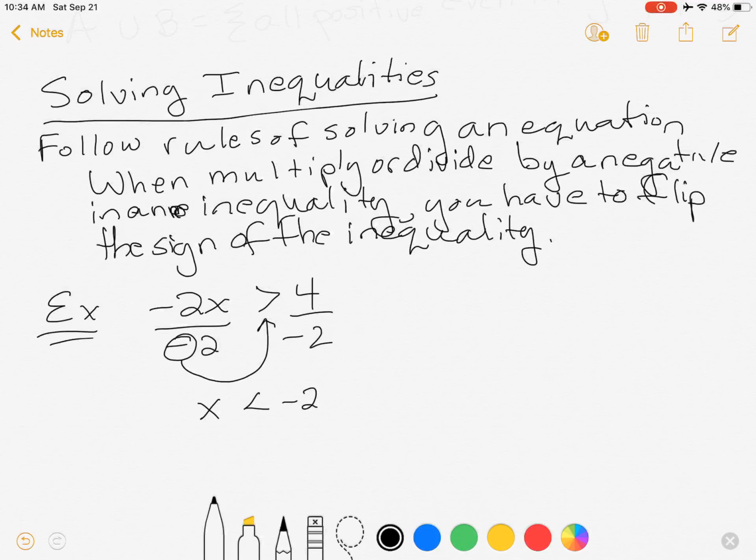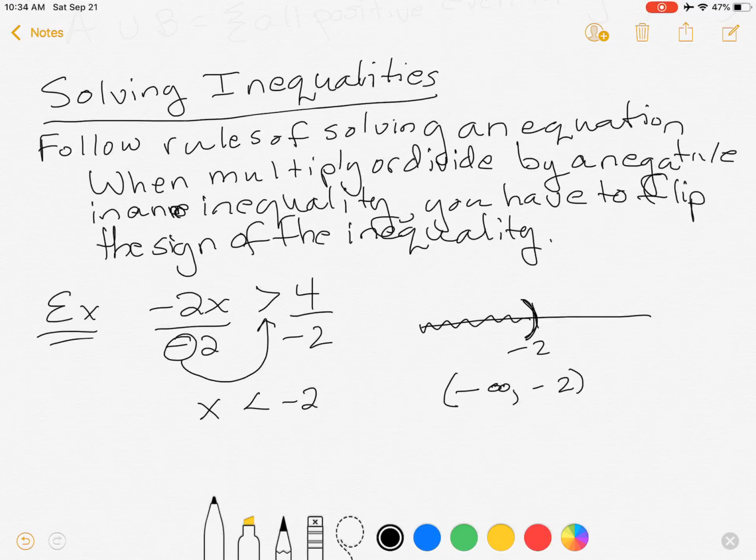All right. So with these, you're also going to have to graph them and give the interval notation. So x less than negative 2 would be parentheses on negative 2 to the left. And the interval notation would be negative infinity to negative 2.